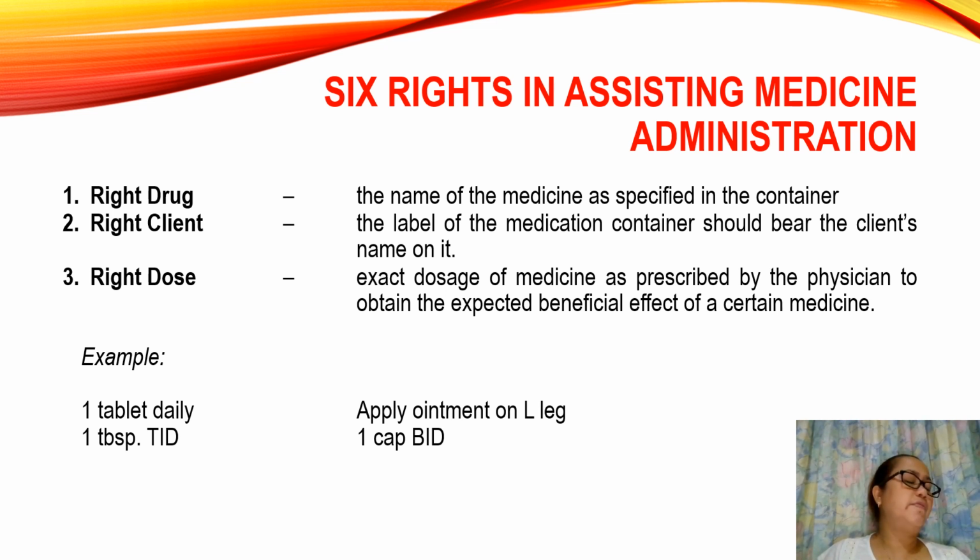Okay, and then now your drug. So what is the drug? We have here your Biogesic, 1 tab, 1 tab PRN for fever or temperature increase, 37.7 degrees Celsius.